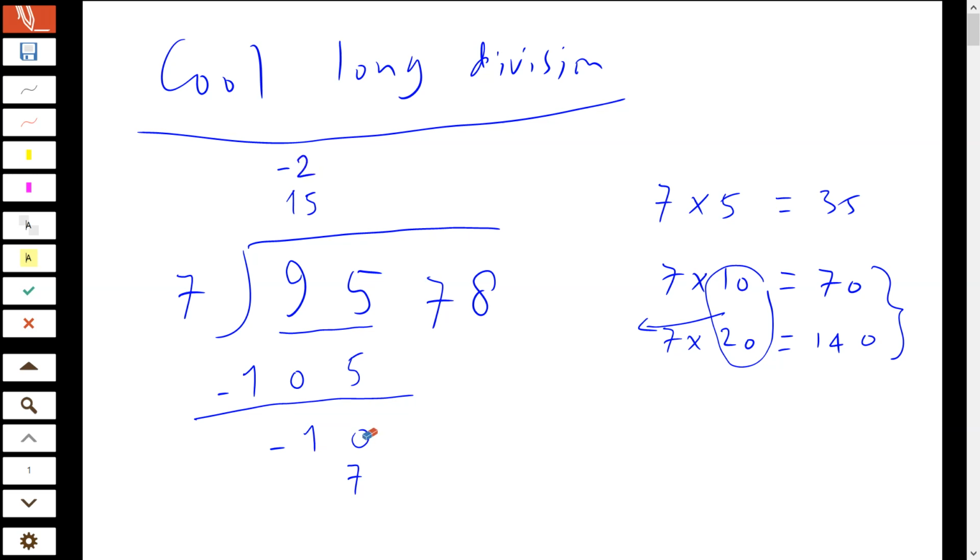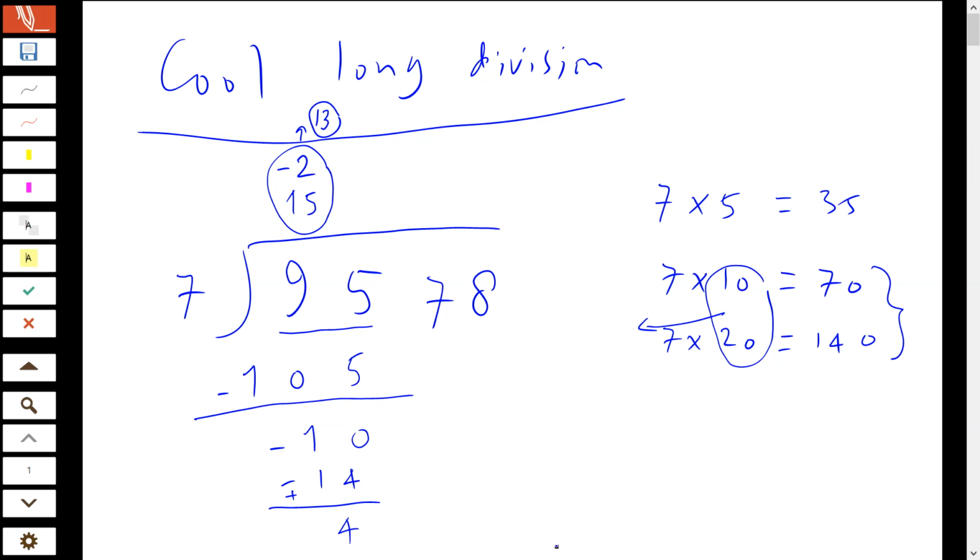Remember, I need a positive remainder, so 7 times -1 was not enough. So 7 times -2 is -14, and when I subtract this from -10, this would become positive, and 14 minus 10 is 4. Now I got a remainder which is less than 7. So now all I need to do is combine these two results, and for this part my answer is 13. It was a kind of iterative method.